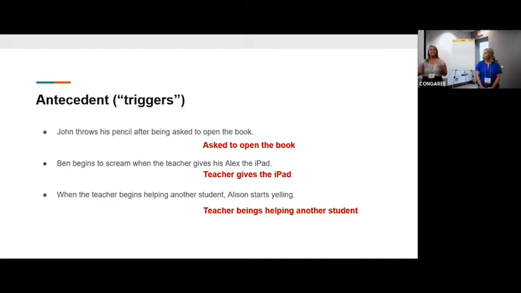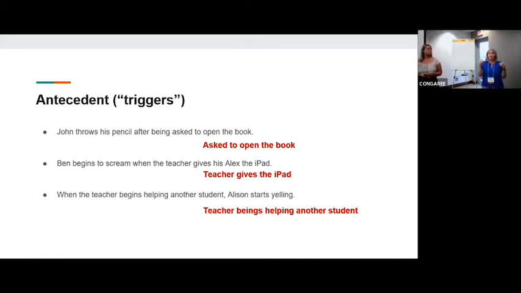We want to look at that entire environment and be as objective as possible. Try to take any sort of assumptions or feelings away. Stay away from "she was having a bad day" or "she's tired," because those are things you think but aren't really sure of. What you are sure of is that as soon as the teacher started helping another student, that's when she started screaming.